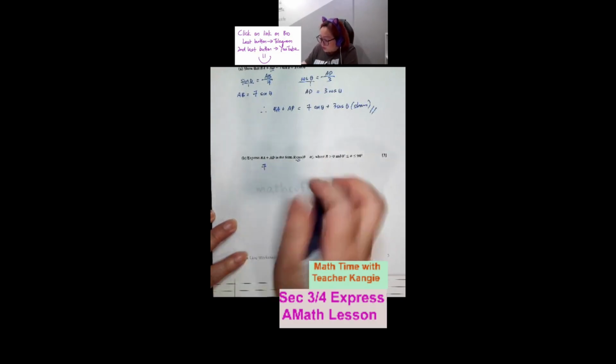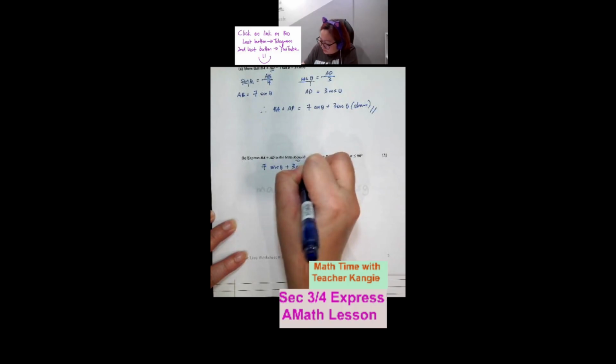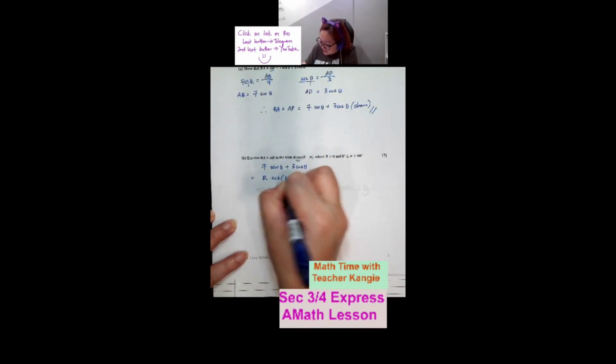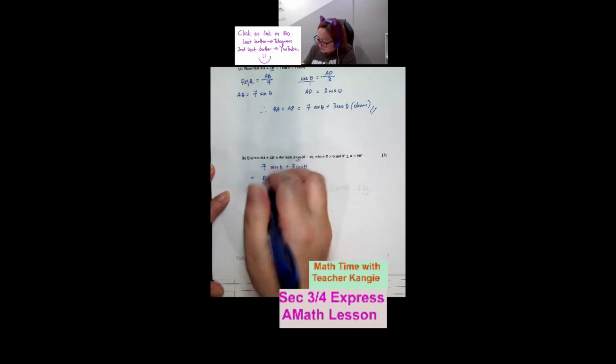So I need to switch it over. Your objective is to change this to be in the form of R cosine of theta minus alpha. But I have to switch this over because I want to be in terms of cosine. The cosine term has to be arranged first. So I have to write it as 3 cosine theta plus 7 sine theta.